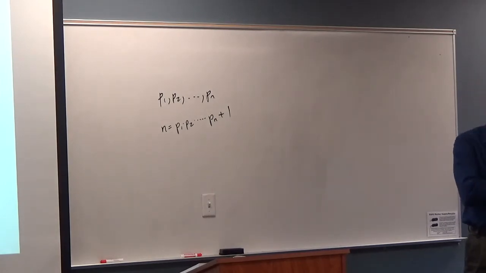This number is bigger than all those primes, and since I've listed all the primes, this number must be composite. So it must, by the fundamental theorem of arithmetic, have a prime factor.